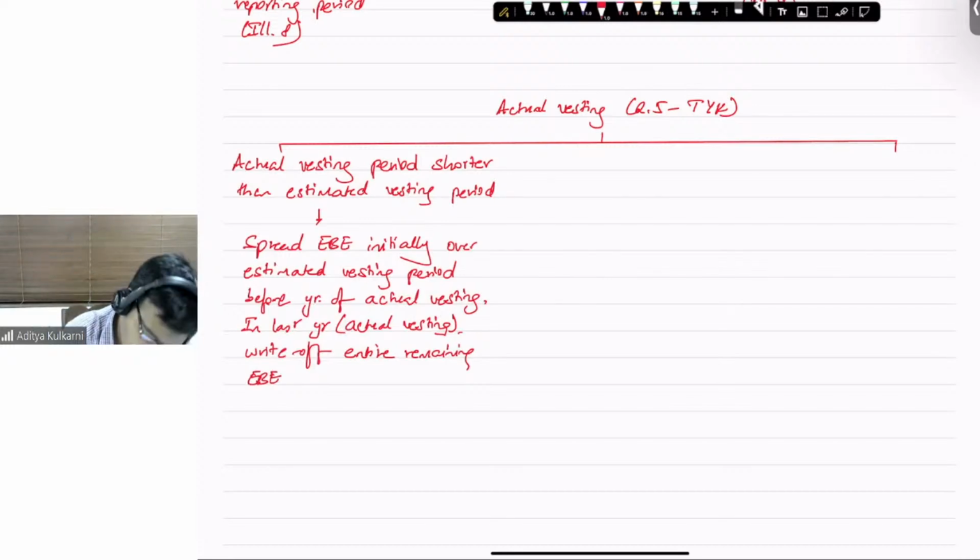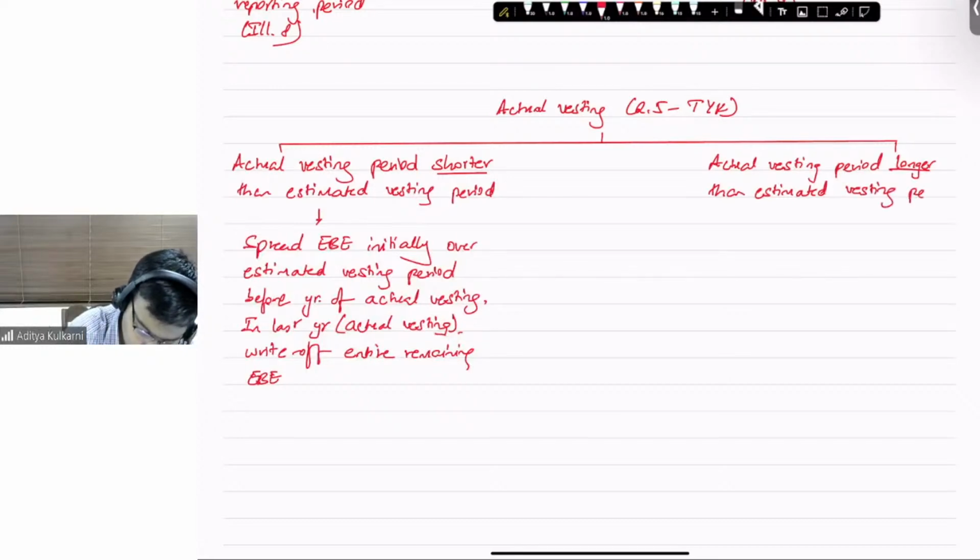Okay. Actual vesting period longer than estimated vesting period. Estimated vesting period, 5 years it was.